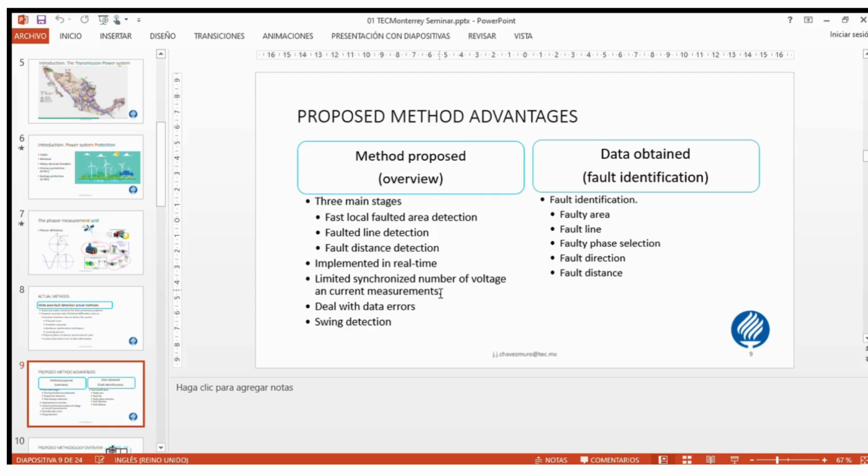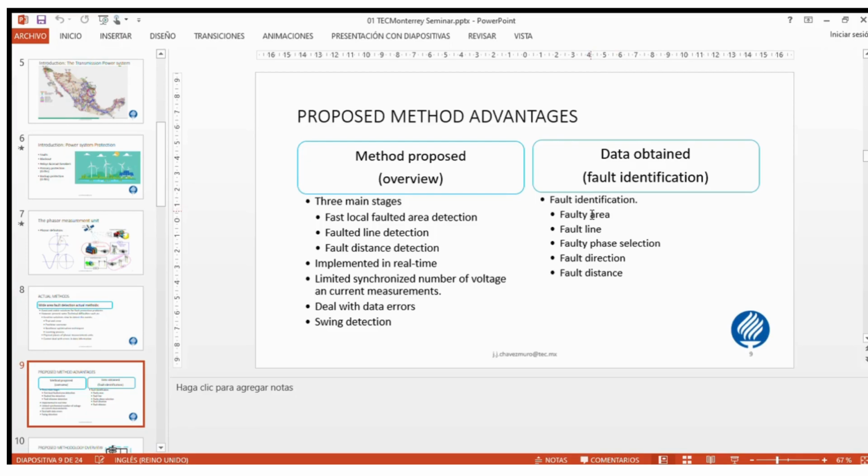It's not necessary to have a measurement in all the buses of the system. We can look up some data. Also, it can deal with errors and do power swing detection. We don't want to speak about power swing detection this time. And with the data that we obtain, I already said that we want to identify the fault.